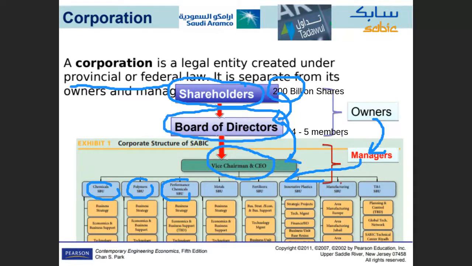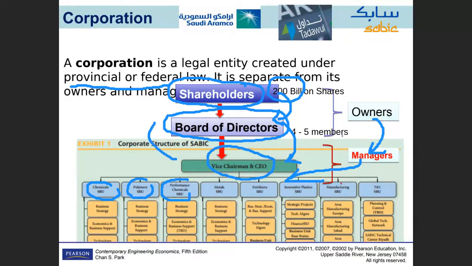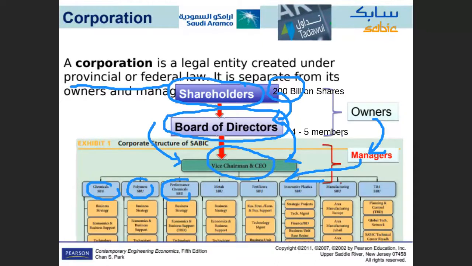They only give guidelines about profit every year to the managers, and managers run the business, and at the end they report back to the board of directors annually about their performance. So managers and owners are different in corporations. Is it clear? If there is any question on this slide, let me know.